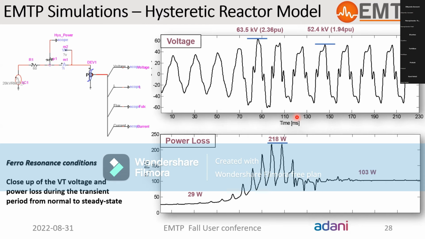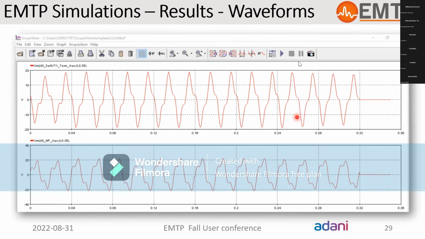So this figure is the close-up of the VT voltage and power loss during the transition period from normal to steady state resonance circuit. The results of the simulations for the particular power plant model in the form of captured graphs can be seen here and in the next couple of slides. So these are the waveforms of the results got from the simulations.